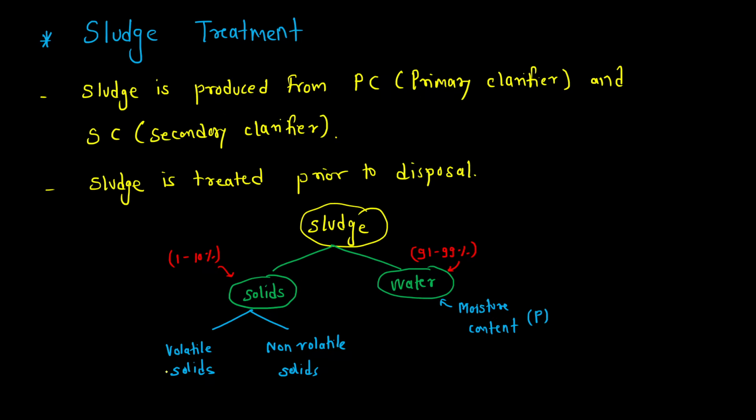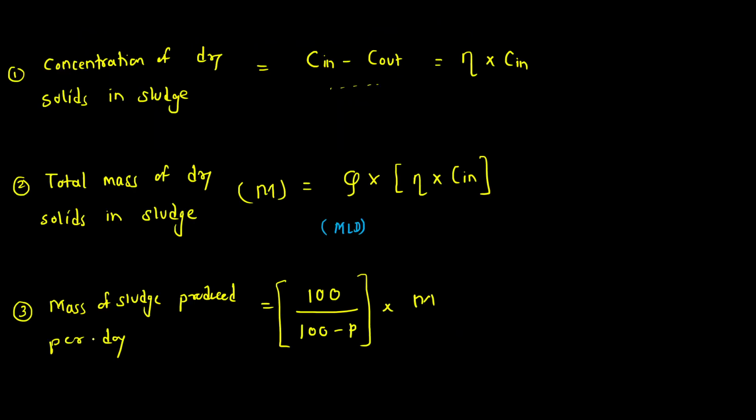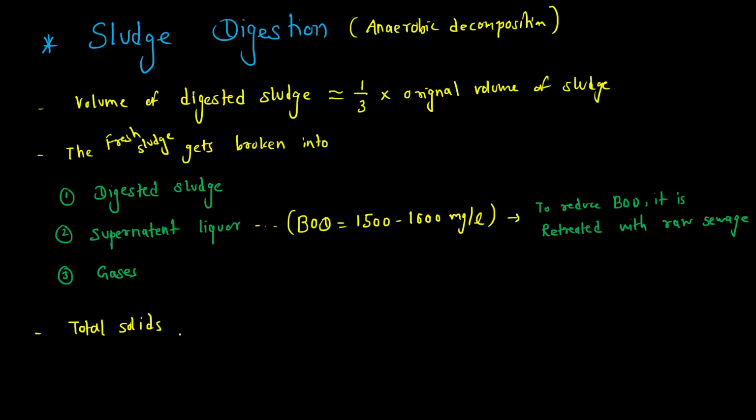The volatile component is 70% and the non-volatile component is 30%. So that will give us a total of 100%. These are the extra points that, if you want, you can remember.